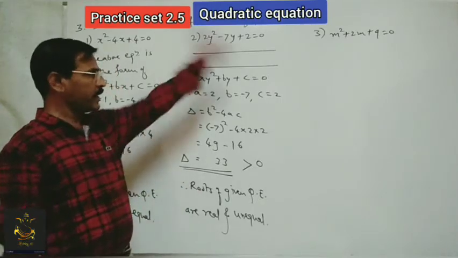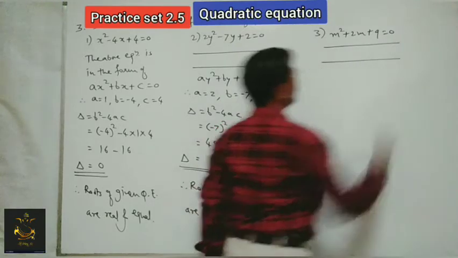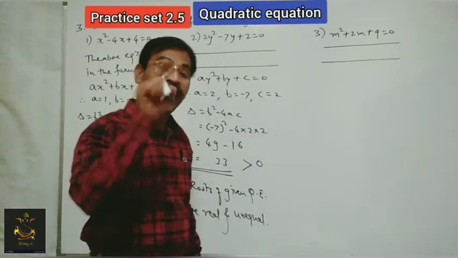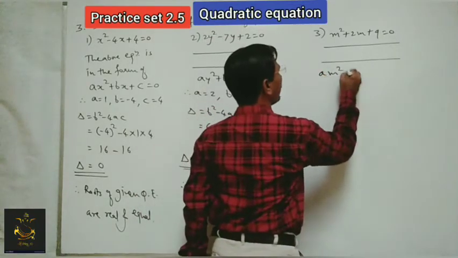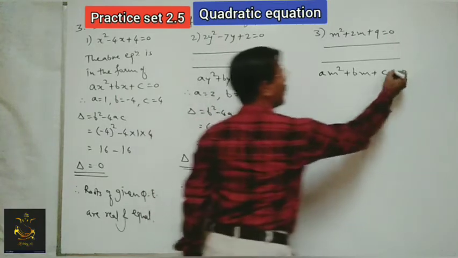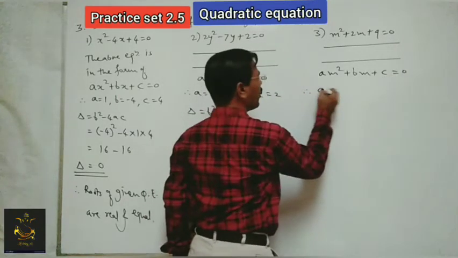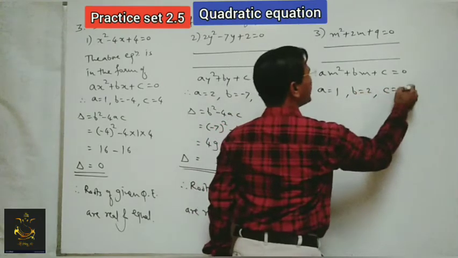roots of given quadratic equation are real and unequal, or you may say distinct also. Okay, similarly this one also. Again we can write here, the above equation is in the form of, but the variable is what? m. Remember that one. Here am square plus bm plus c equal to 0. Okay, now a is 1, b is 2 and c is 9.